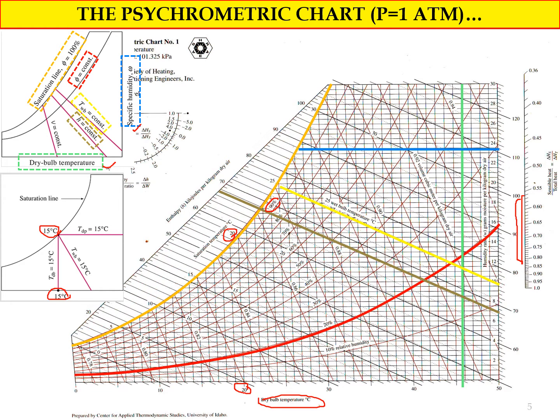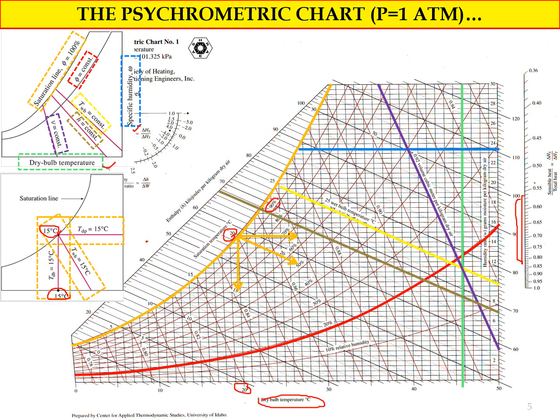The brown line is the constant enthalpy line. So along this brown line, the enthalpy will be constant, and this is the specific humidity line. Along this line, the specific humidity will be the same.